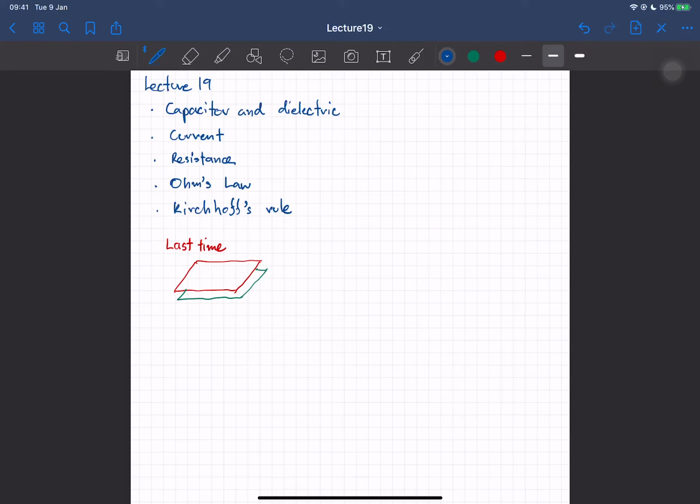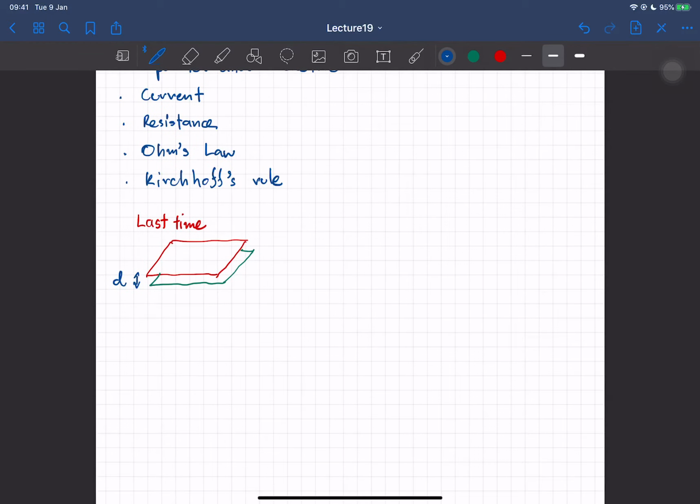They can be the same material or different material. It doesn't really matter. It just has to be a conductor sheet, really large, and the gap between the two, let's say, is given by D. Okay, and the area is A. So the top, which is in red, has the area A, and the bottom will also have an area A.